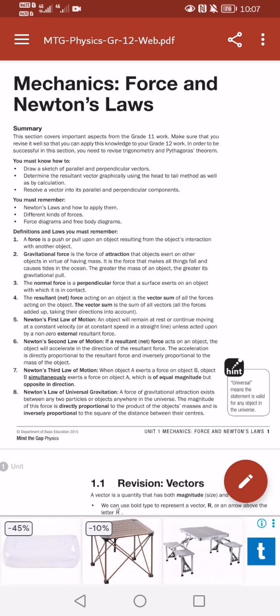So we all know that that force will be directly proportional to the product of the objects' masses and inversely proportional to the square of the distance between their centers.